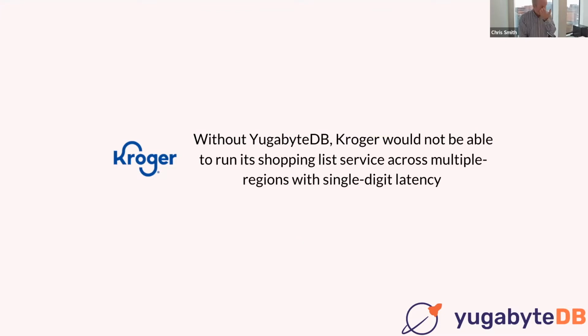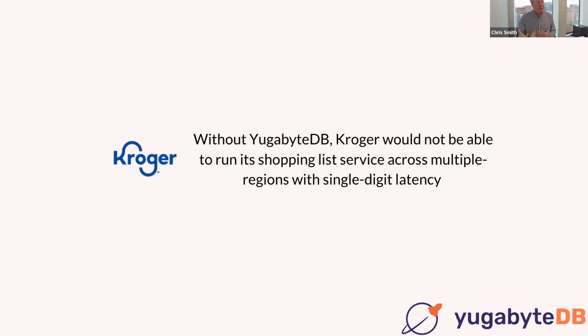So Kroger, very large retail operation, primarily in North America. So without Yugabyte, Kroger wasn't able to run its shopping list service with resilience and scalability across all of the different regions that they require in North America, crucially with single-digit millisecond latency, I should say there. So any interaction with the database is going through in 3, 5, 8 millisecond type of response times.